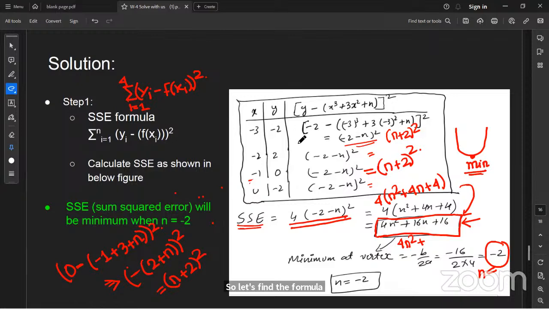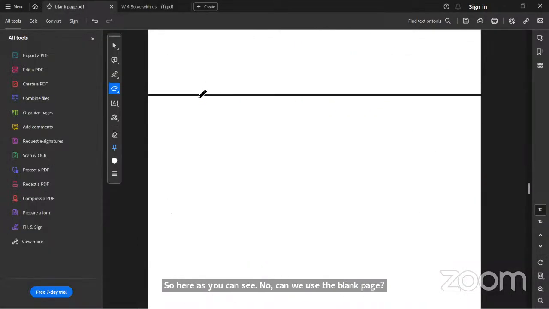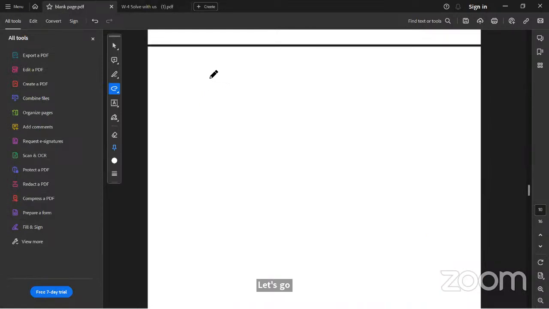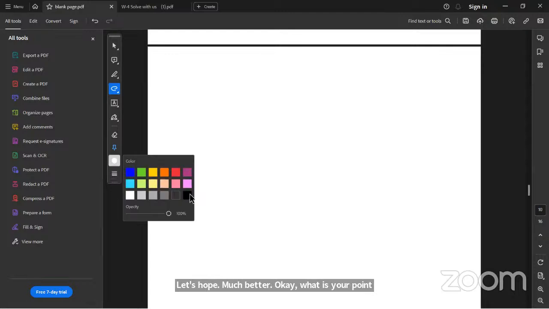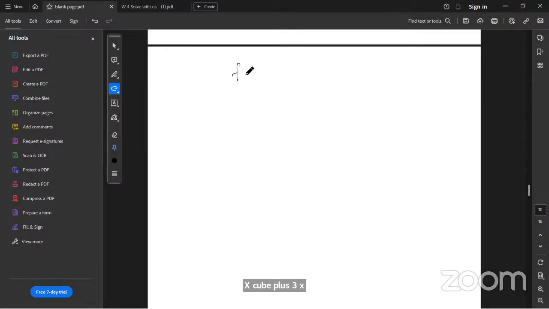So here, can we use the blank page? Much better. Okay, what is your polynomial? f(x) equals x cube plus 3x square plus n. What is your data that we need to see?